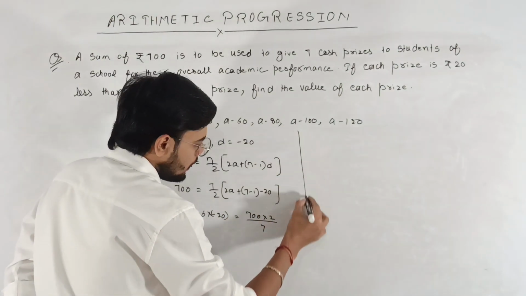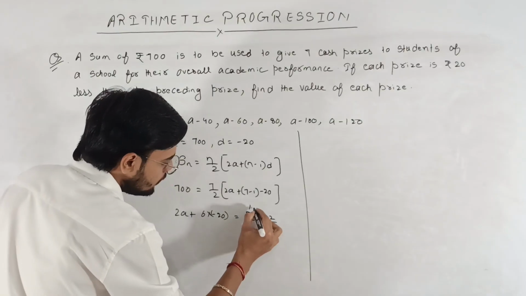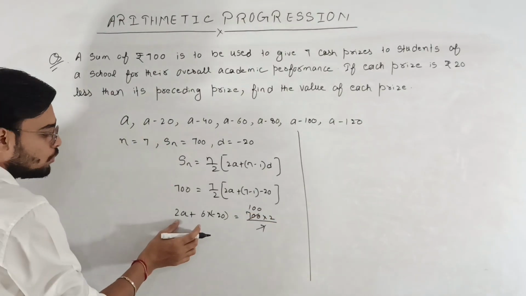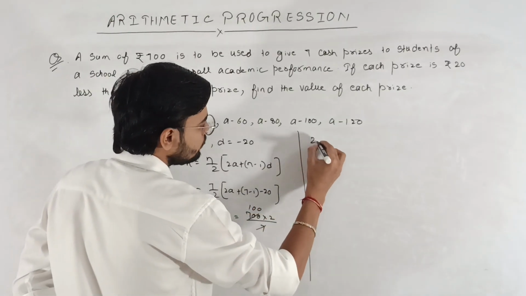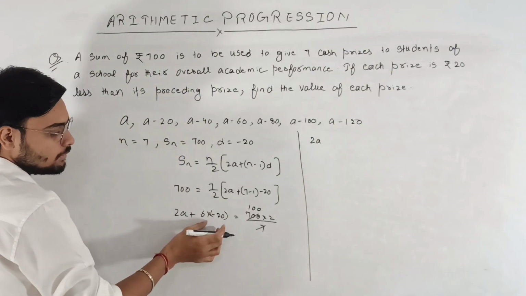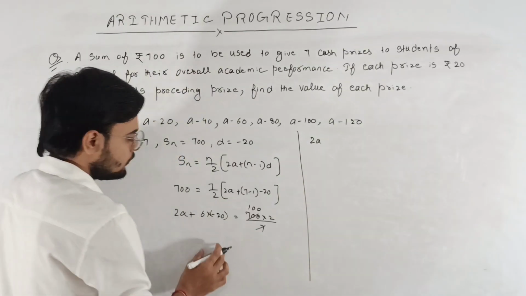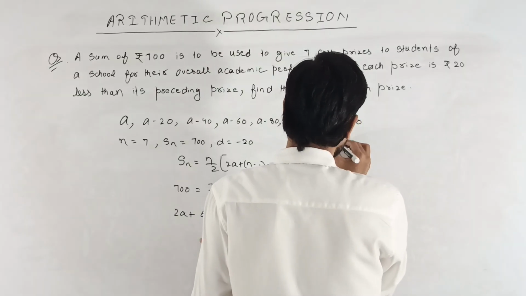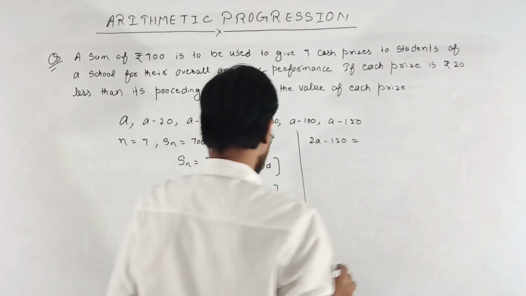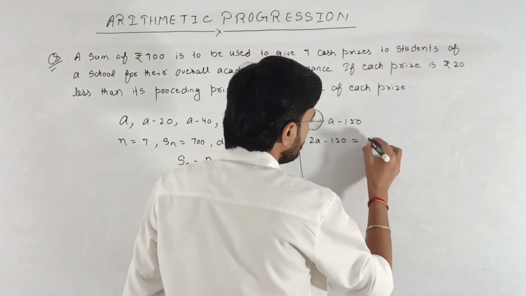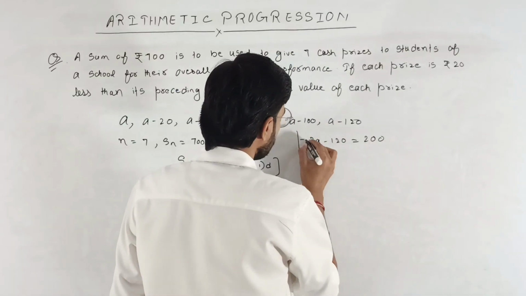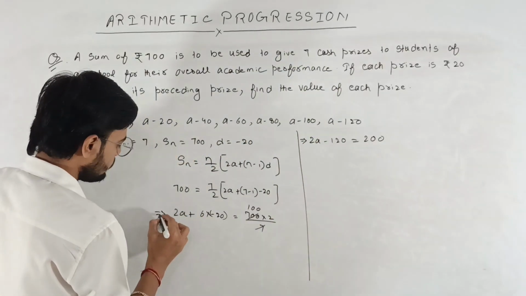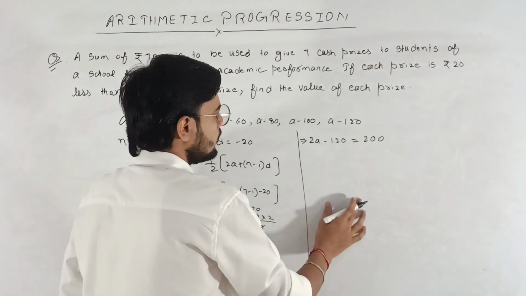Now calculate this one. From here, the 7 is going to cancel, leaving 100 times. Now 2A, and 6 into 20 is 120. Minus into minus makes plus, so 2A plus 120 is equal to 100 into 2, which is 200. Now solve this one.